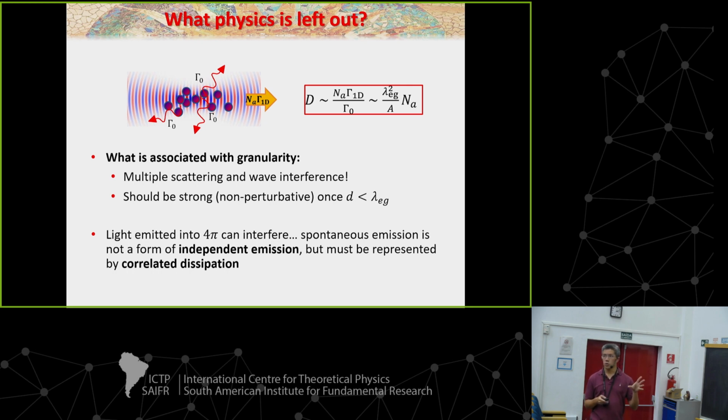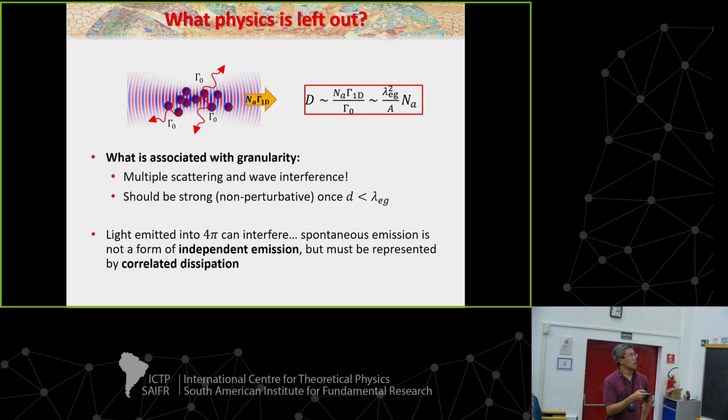So that's true at a general level. If we go back to this message of branching ratio of information and optical depth, the point is, again, if you want to build an efficient interface, you want to collect 100% of the light and have none of the light emitted into 4 pi or into directions you can't catch. And once you say that everything is multiple scattering and wave interference, you realize that it's not only true for this preferred direction of emission, but it's also true for the 4 pi emission.